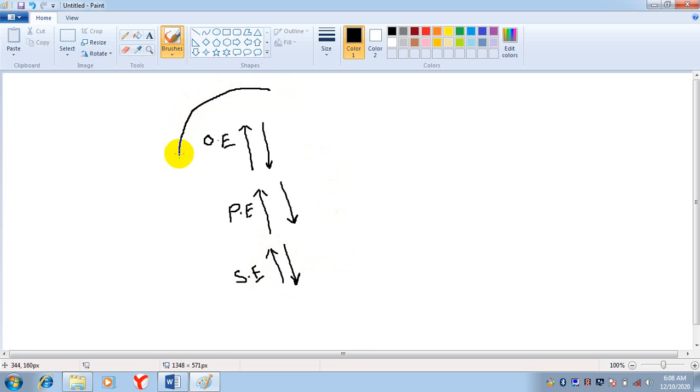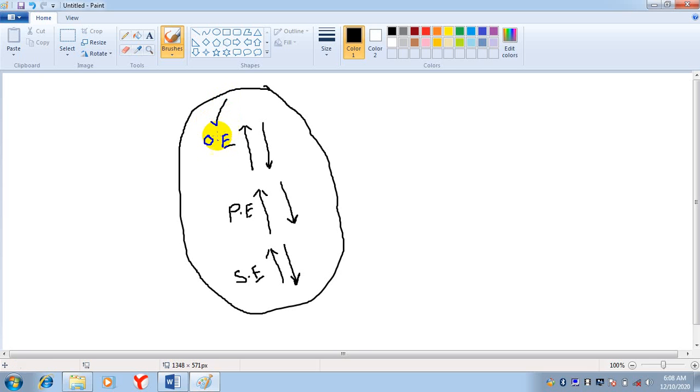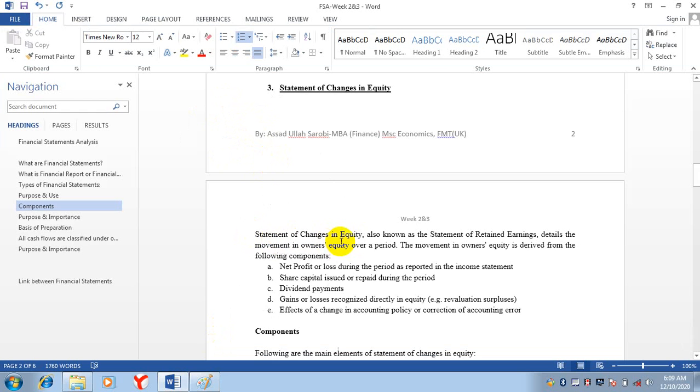So the statement of changes in equity is a statement which just tells us about the changes in the position of equity, whether it is increasing or decreasing. It is also known as the statement of retained earnings in joint stock companies.